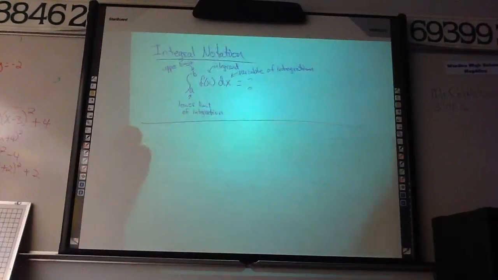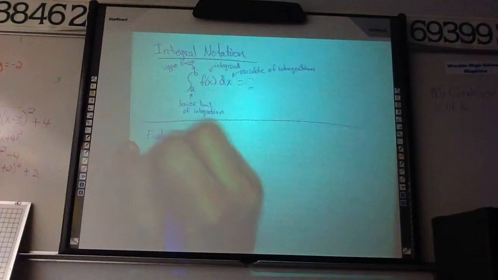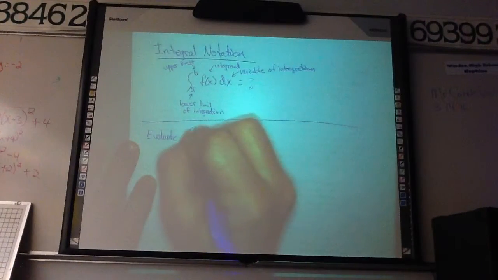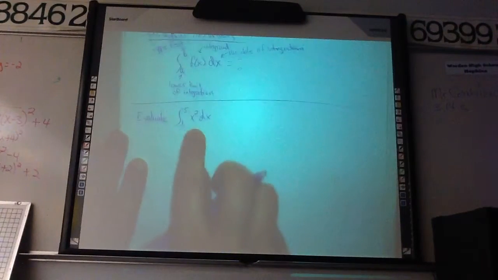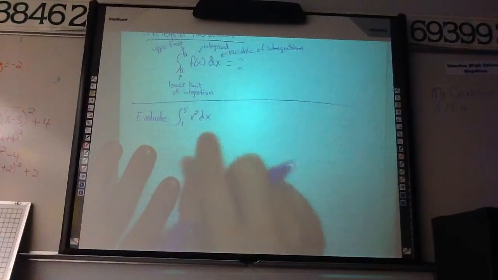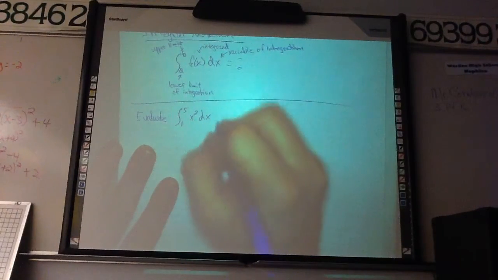Okay, so let's do one with the trapezoid rule. So we're going to evaluate. I just showed you that. That way we can do the trapezoid rule, but we're going to just use this notation. So it's just a different way of writing it.